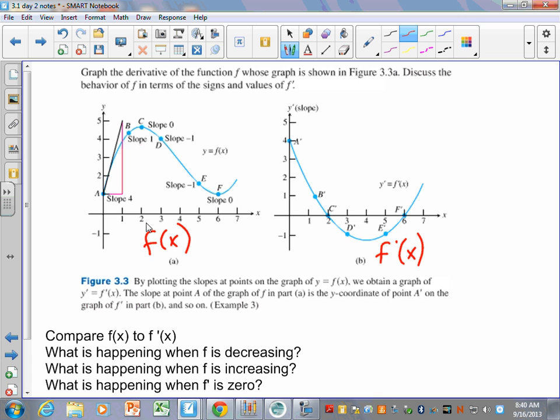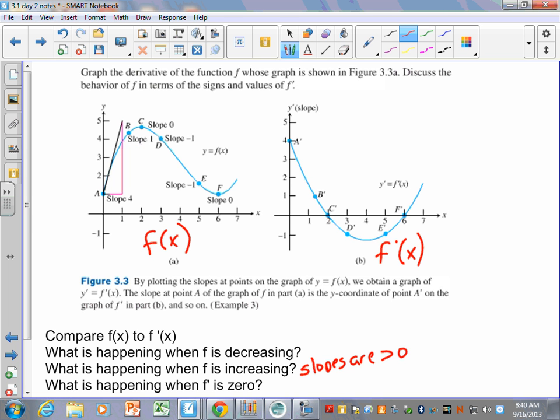Maybe if we jump down here, I'm going to skip this one. What is happening when the function is increasing? We could say the slopes are greater than 0, or the slopes are positive. What else does that mean in terms of our graph? If the slopes are positive on the derivative, that means it's going to be positive numbers.